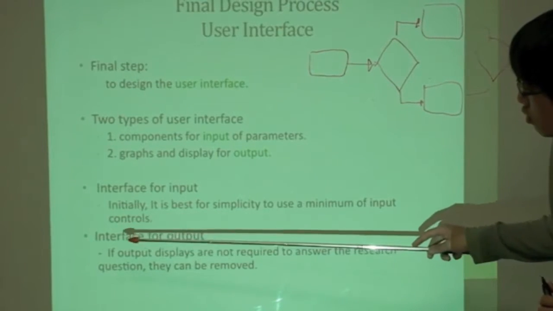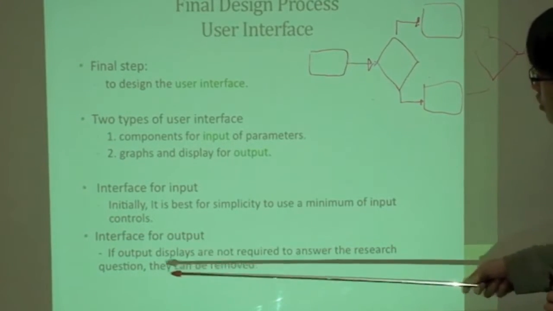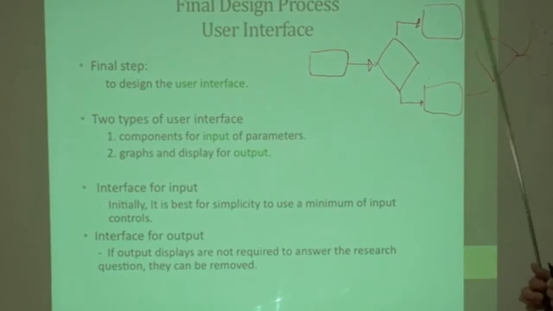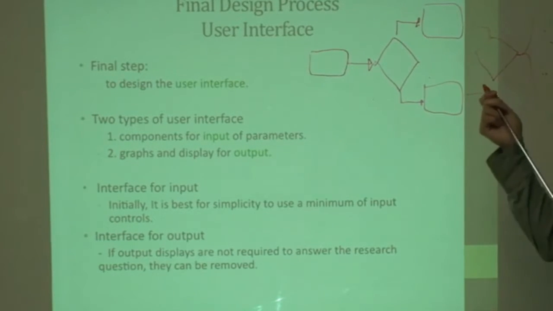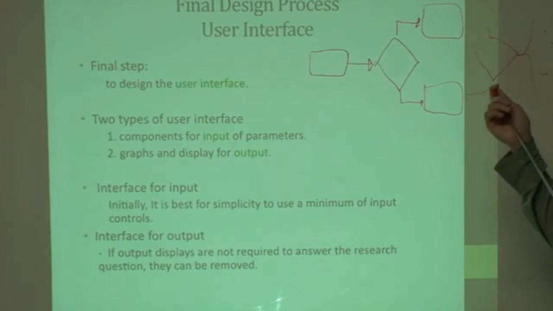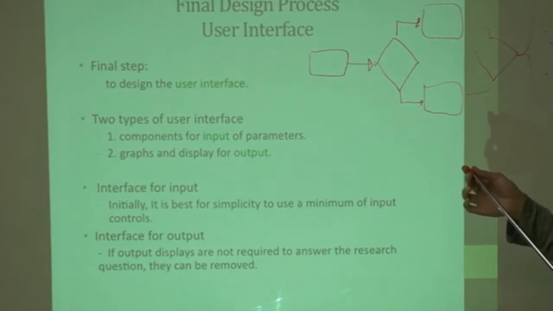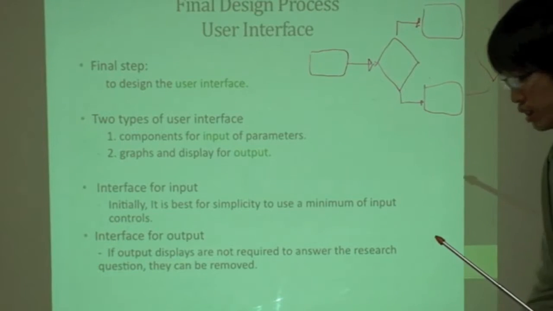And the notation for the interface for output is, if output displays are not required to answer the research question, they can be removed. So this is all for the design process.